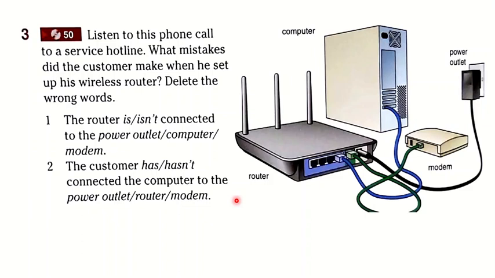Okay. Unit 9. Recording 50. Hello, is that the IT hotline? Yes, it is. I'm the technician. My name's Sophia. How can I help you? I've got a problem with my wireless router. It doesn't work. Okay, I'll talk you through it. Are you sitting at the computer now? Yes, I am. Okay, look at the back. Is the router connected to the power outlet? Yes, it is. Okay, and is the router connected to the modem?